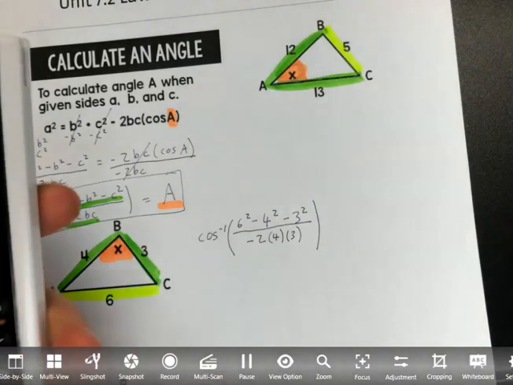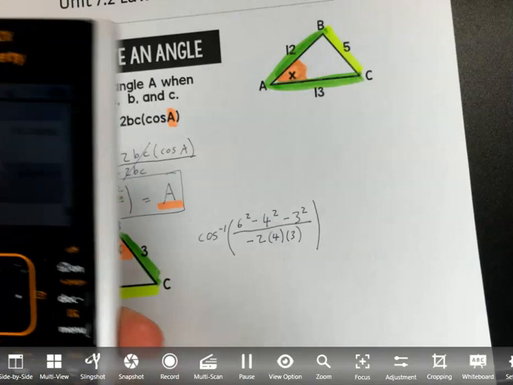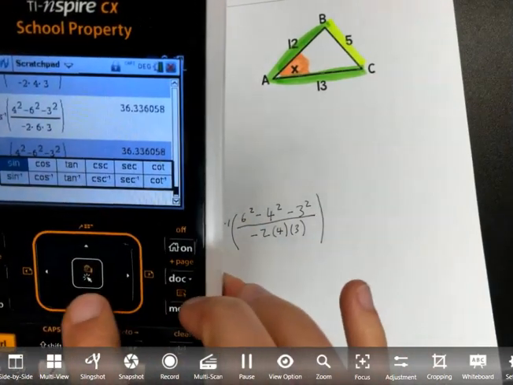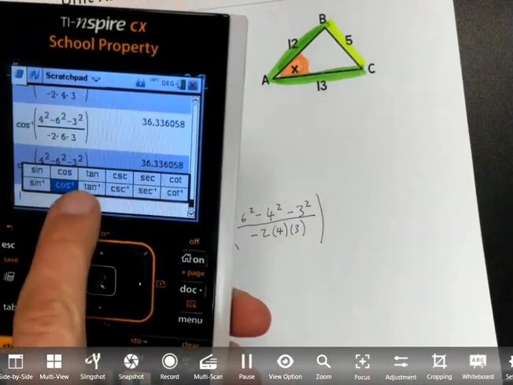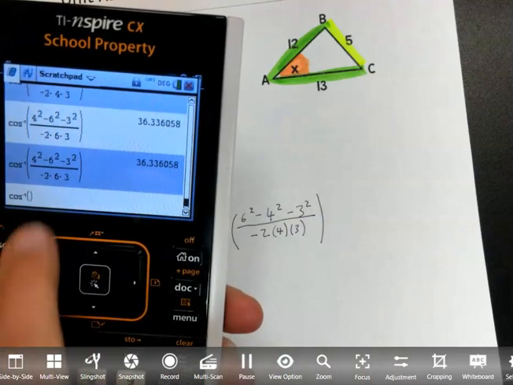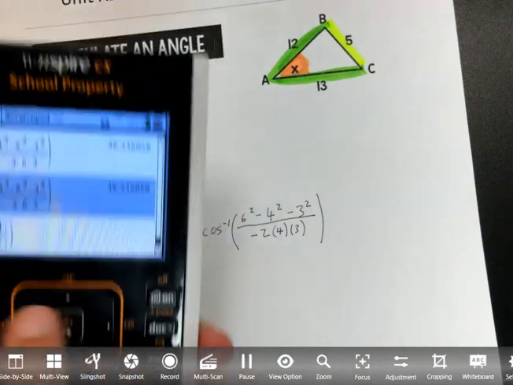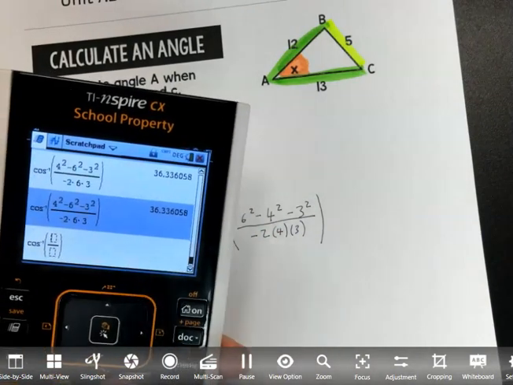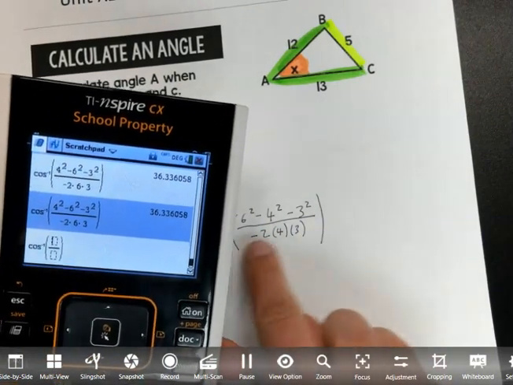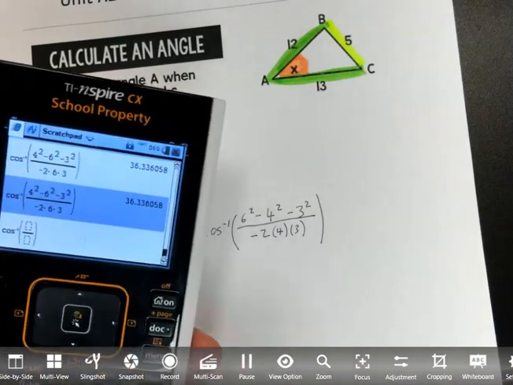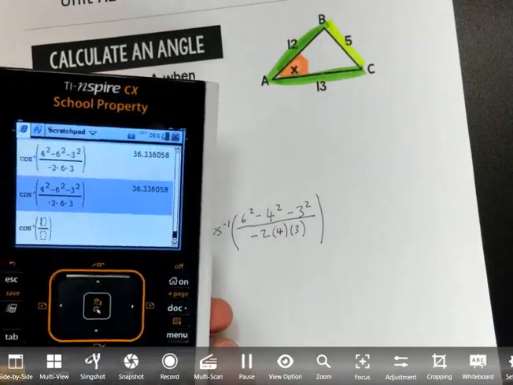Now, when I put this into my calculator, there are some things to be aware of here. First thing I'm going to do my trig, like always. I'm going to go down to the inverse. So I have an inverse cosine right here. From here, I'm going to press Control Divide so that I have a numerator and a denominator, so that my calculator cannot possibly make the mistake to accidentally put something where it doesn't go. That way I don't have to worry about putting additional brackets or anything like this.